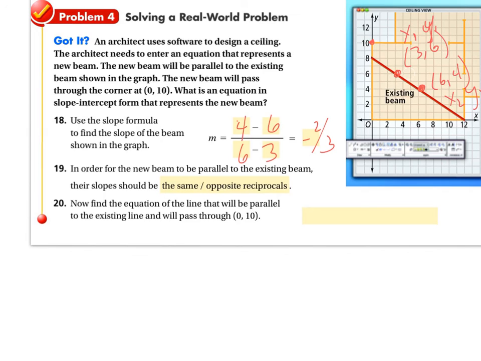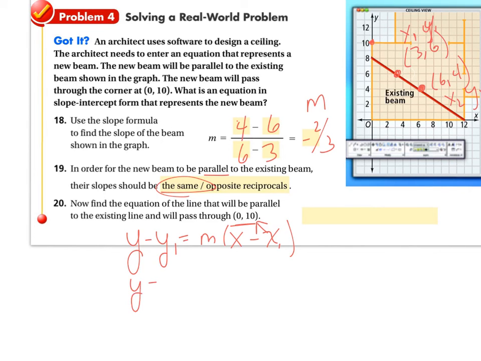Now, in order for the new beam to be parallel to the existing beam, the slope should be the same. So I need to find an equation of a line that would be parallel but pass through (0, 10). So I need to use the point-slope formula. y minus y sub 1 equals m times x minus x sub 1.